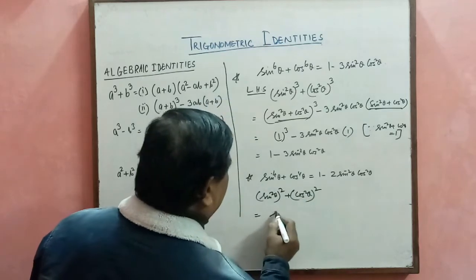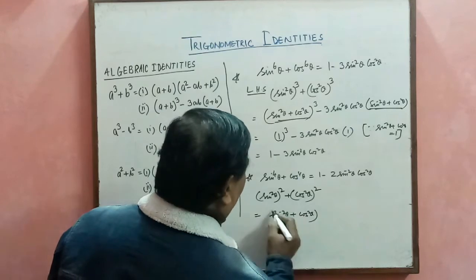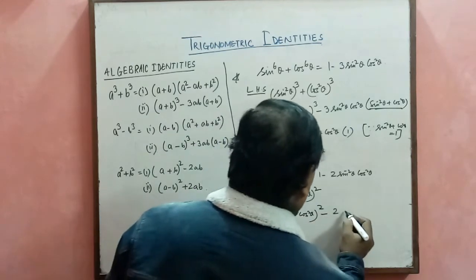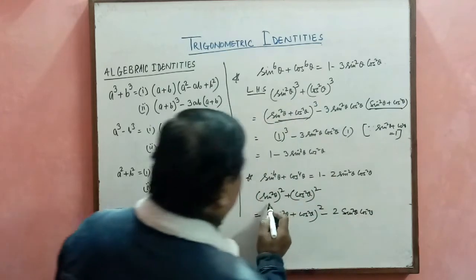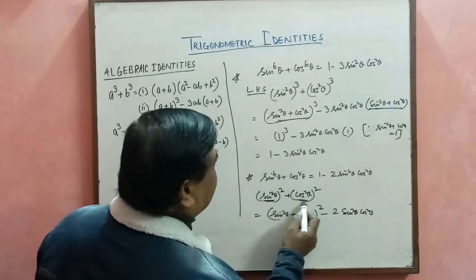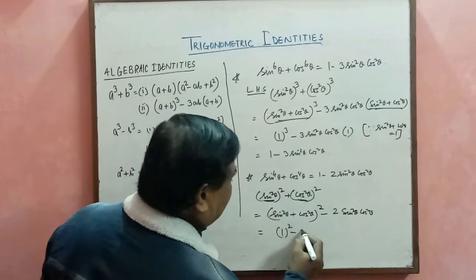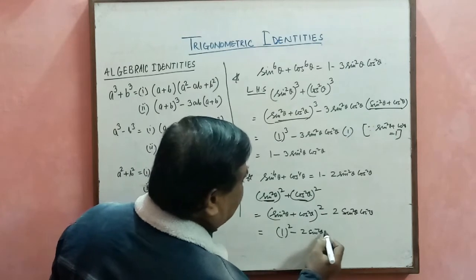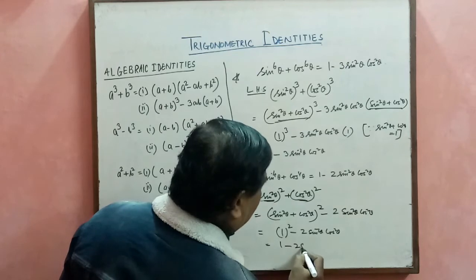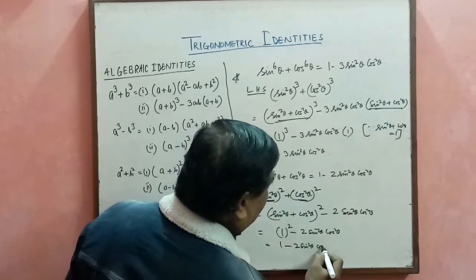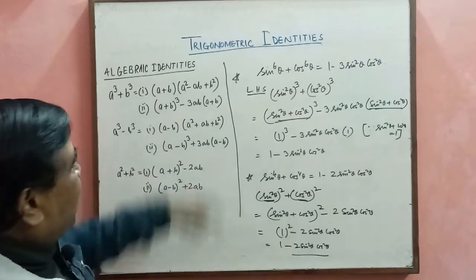So I can write (sin square theta plus cos square theta) whole square minus 2 sin square theta cos square theta, that is a square plus b square equals (a plus b) square minus 2ab. Here A is this one, B is this one. So this is definitely 1 square minus 2 sin square theta cos square theta, equal to 1 minus 2 sin square theta cos square theta. So this way this will be applicable.